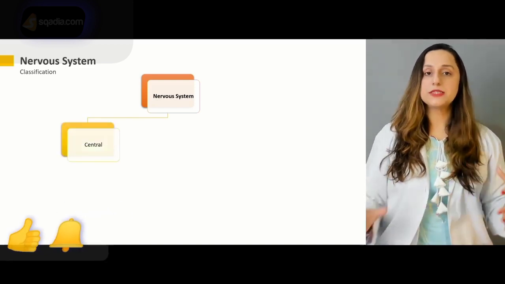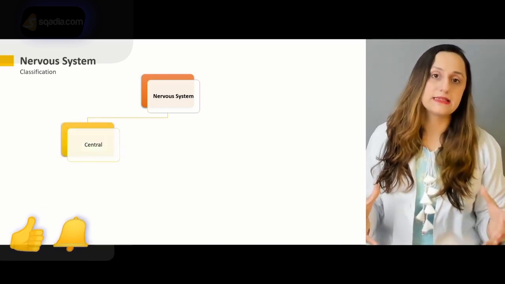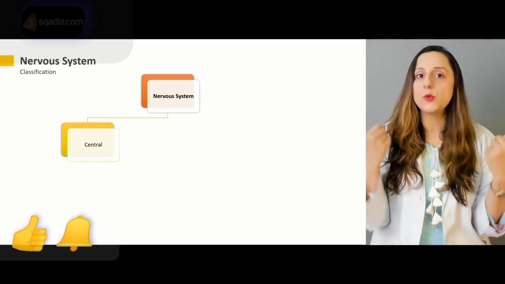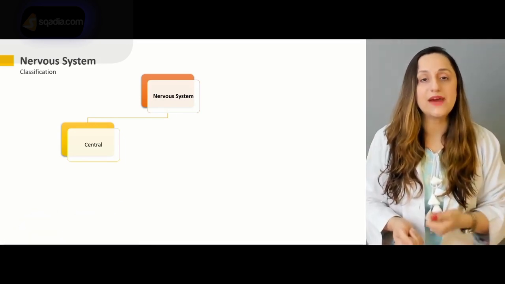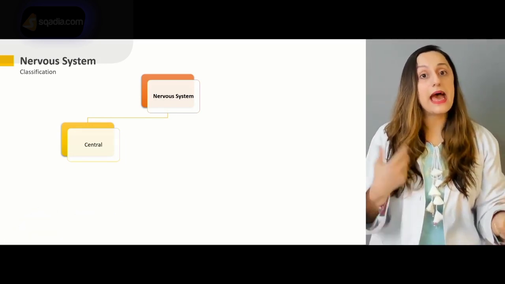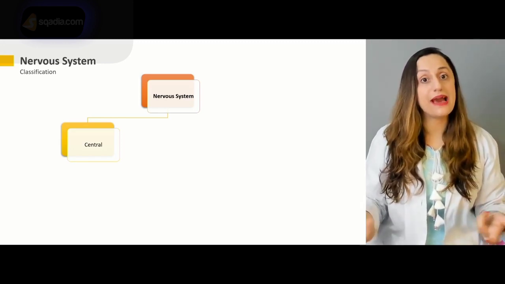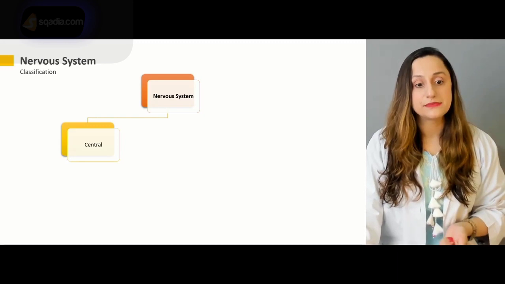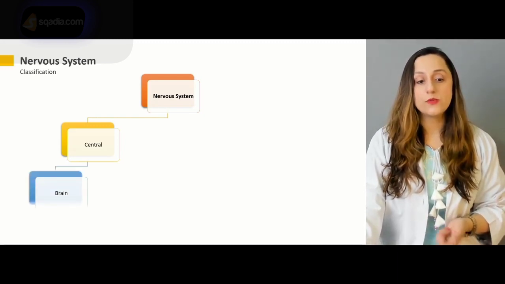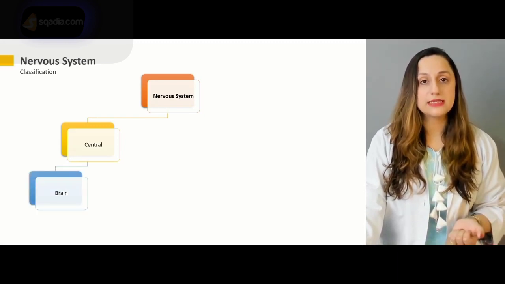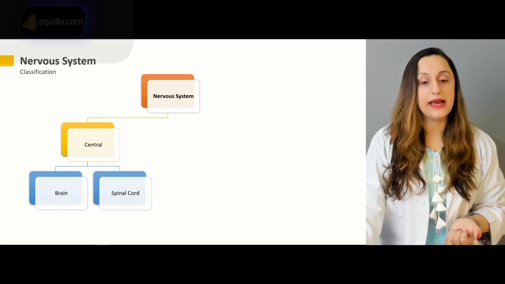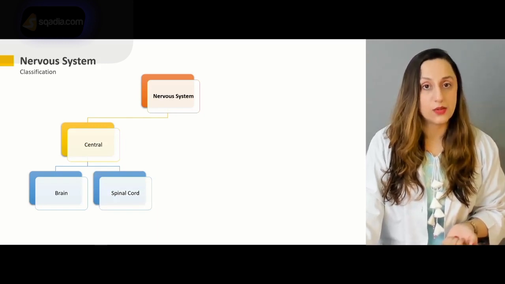Now, for the purpose of simplifying things, you just have to quickly remember that we have a central nervous system, and on the other hand, as I mentioned, we have a peripheral nervous system. The central nervous system is basically divided into the brain and the spinal cord.